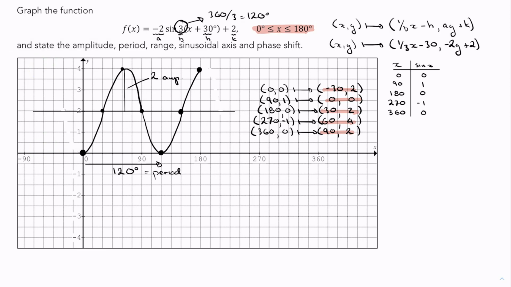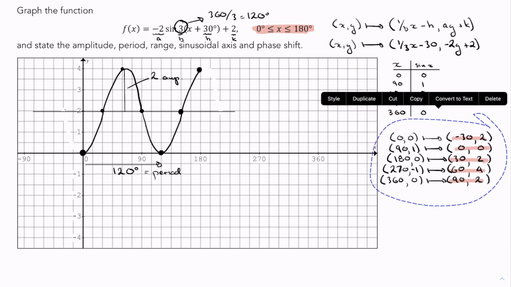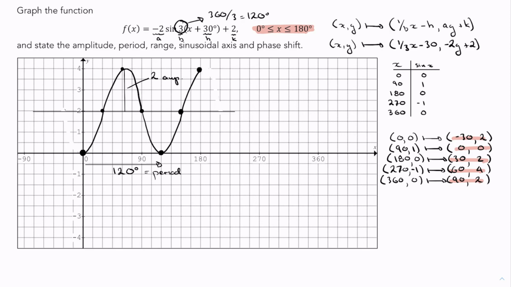So let's write that off to the side. So range is equal to all y values, all real numbers y, such that 0 is less than or equal to y, which is less than or equal to 4.